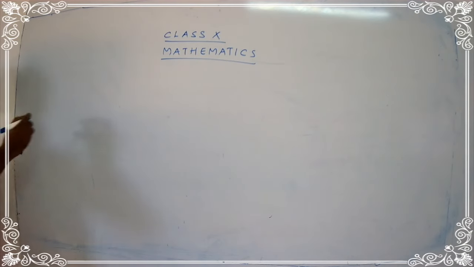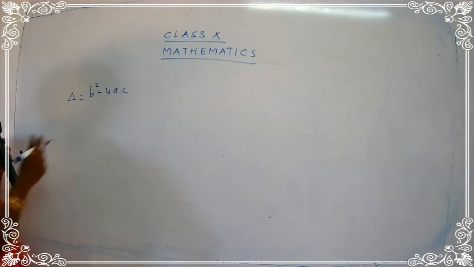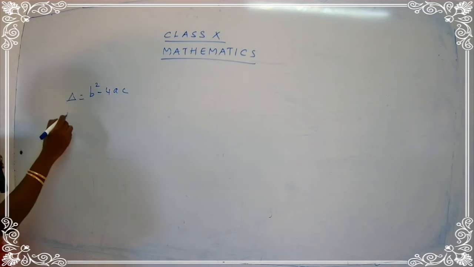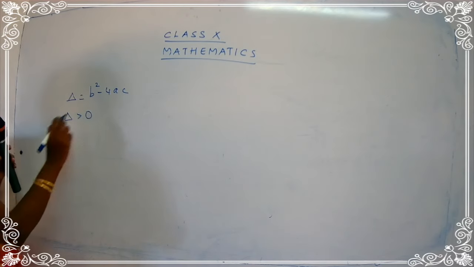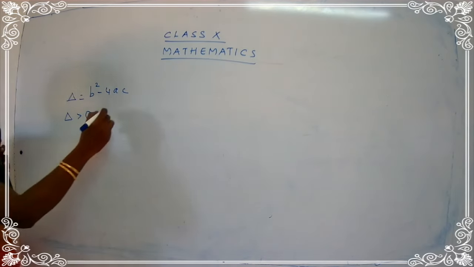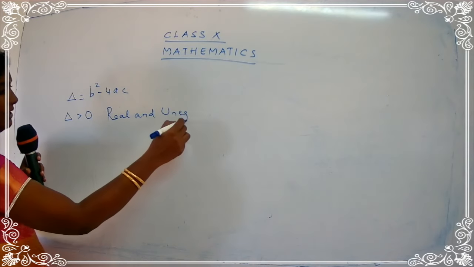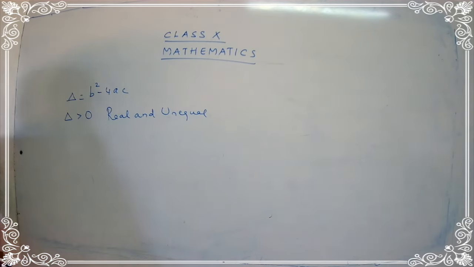Okay children, tell me how to find out the value for delta? Yes, b square minus 4ac. Yes, good. And if you get a value for delta as positive, if delta is greater than 0, what about the nature? It's real and unequal. Good.